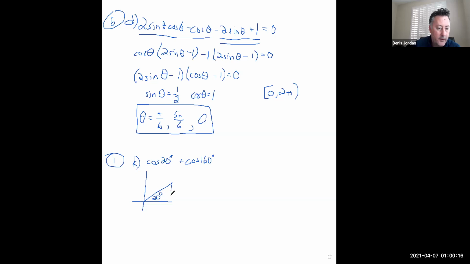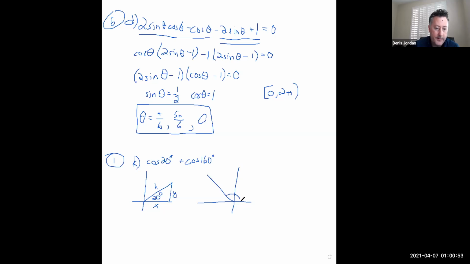And then you'd start to draw your little triangle, and you'd have an opposite side, and you'd have the adjacent side, and then you'd have the hypotenuse. And you'd do adjacent over the hypotenuse, so on and so forth. And you could get an answer if it was one of those special triangles, and this one's not. But that's okay, because for cosine of 160, where would you put that angle? Quadrant 2.